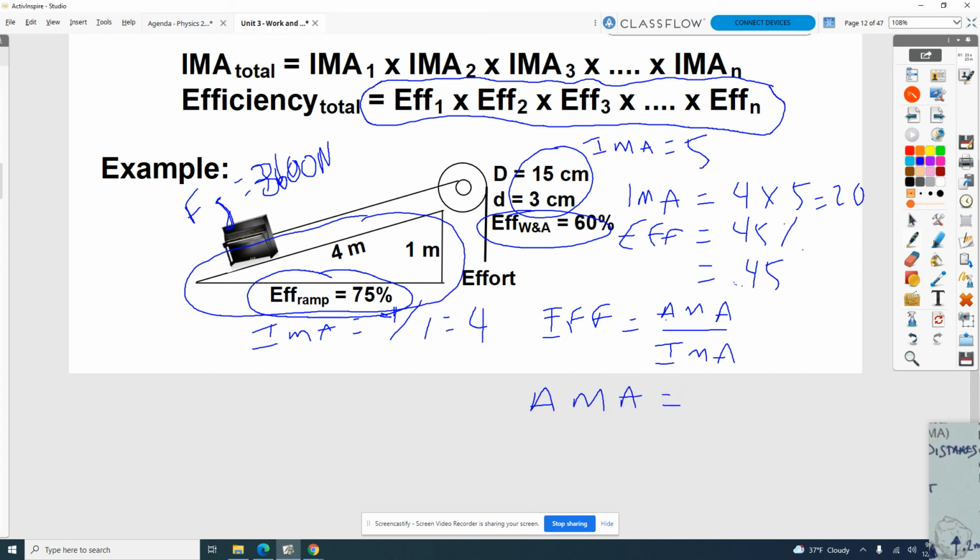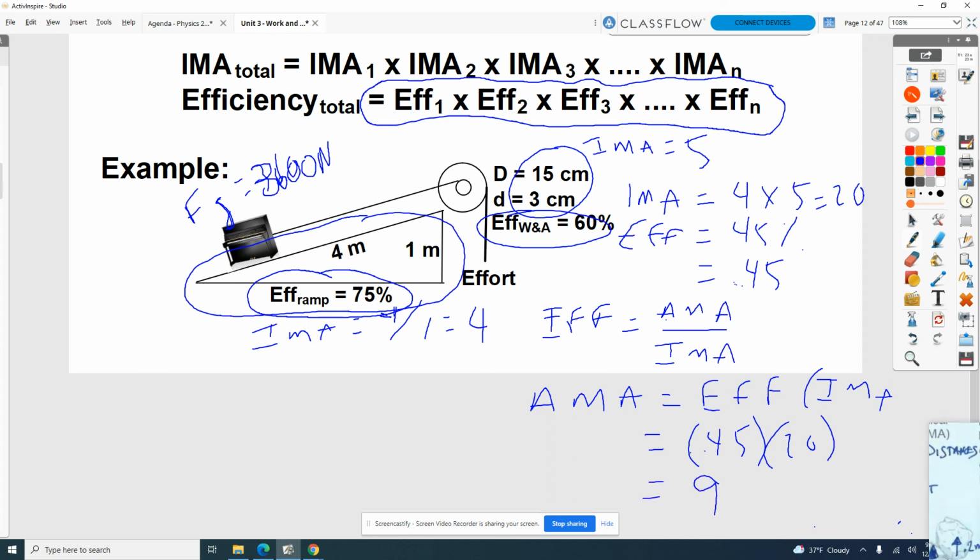AMA is just the efficiency multiplied by the IMA. And so let's see, that'd be 45% multiplied by 20. So that means we have an actual mechanical advantage of 9.